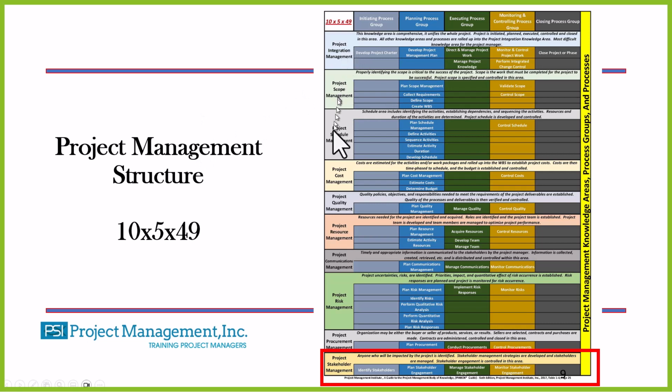So we have our 10 knowledge areas, we have our 5 process groups, and then we have our 49 different processes internal to this framework. Those are the processes that we use to help us manage our projects. Now today we are focused on project stakeholder management, right here at the bottom in that red box. We are going to focus on those processes that are related to the stakeholders.